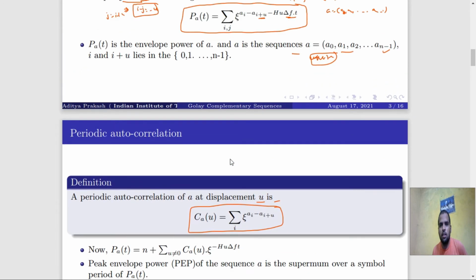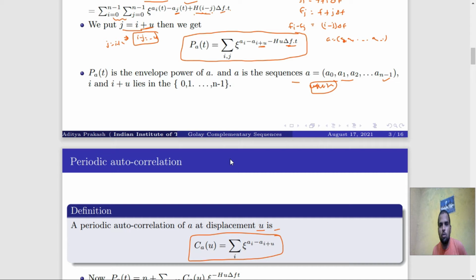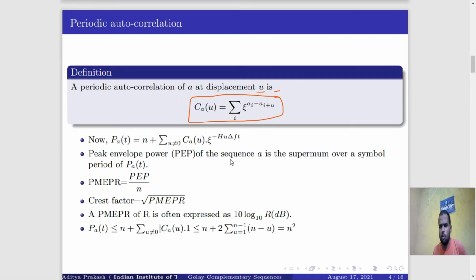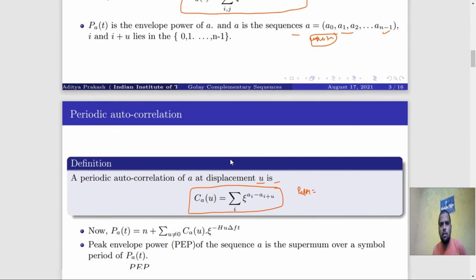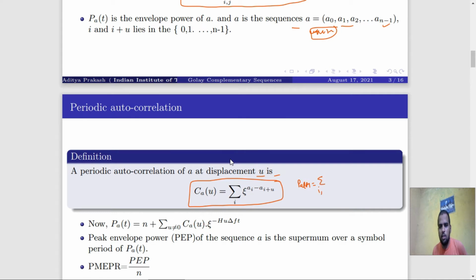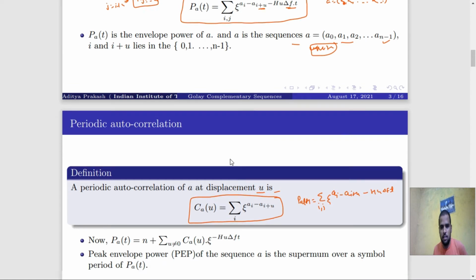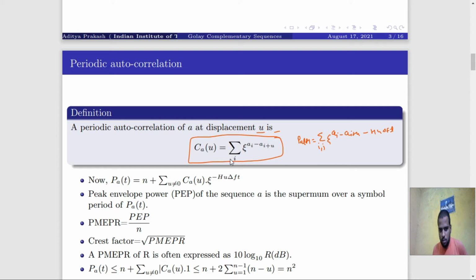Okay, fine. So now what does PAT become? Suppose in this equation we take I equal to 0. Okay, I will explain one by one. What is the PAT? PAT is nothing but summation over I, j of AI minus AI plus U times minus HU delta FT. This is this, fine.